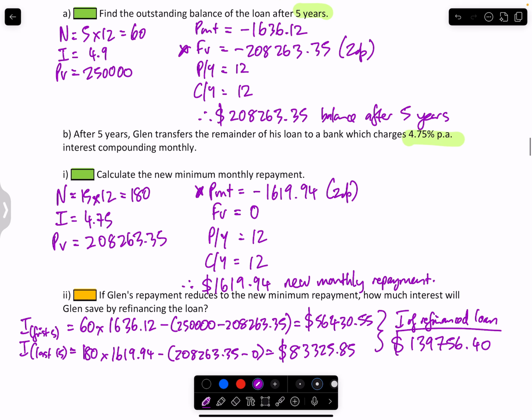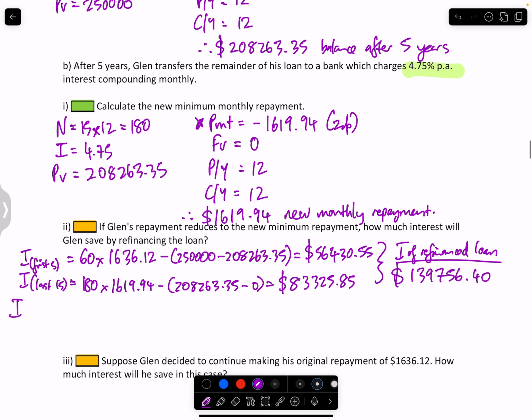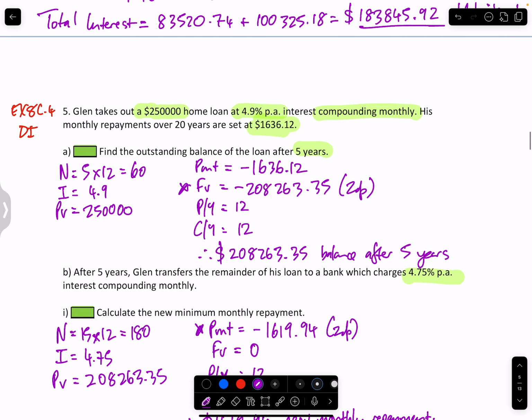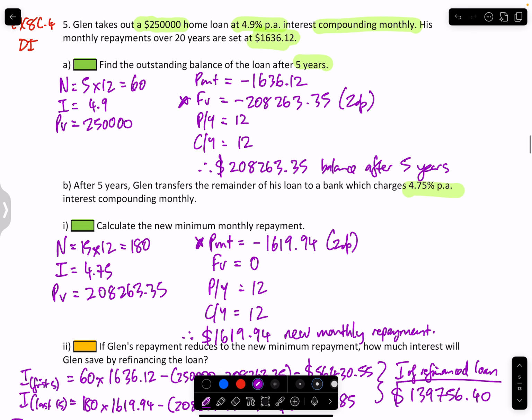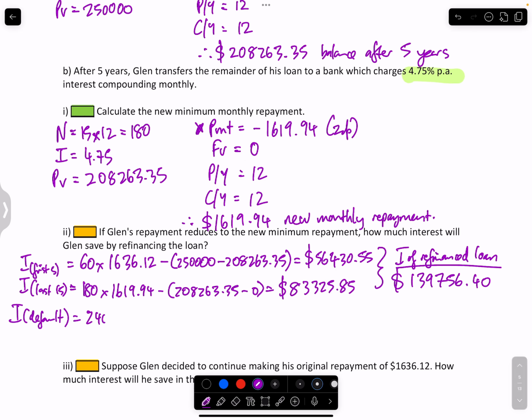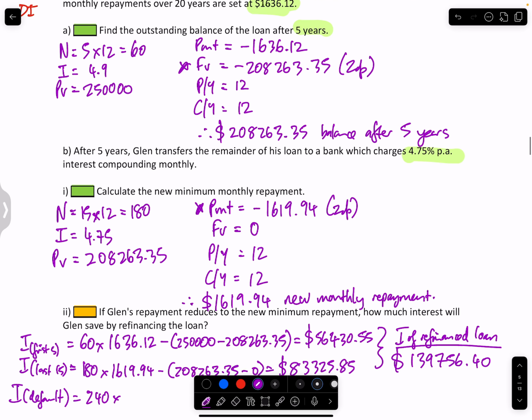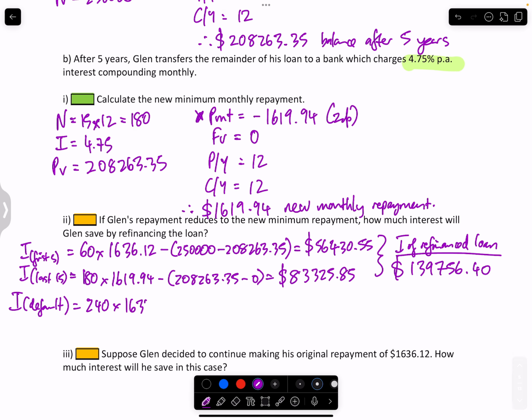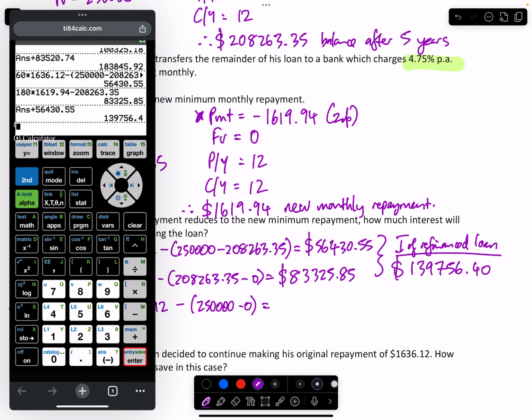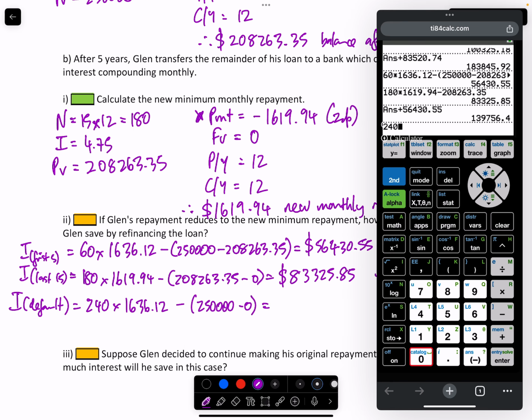So the default loan would have been interest default. If he just did the straight up loan normal, 20 years would have been 240 payments of 1636.12, take away the 250 grand down to nothing. 240 times 1636.12, take 250 grand.